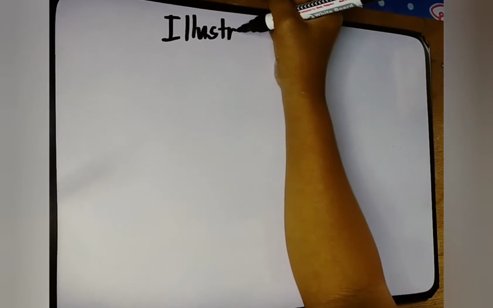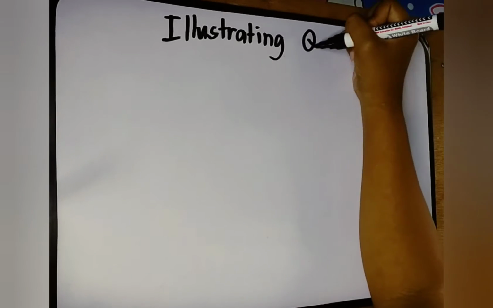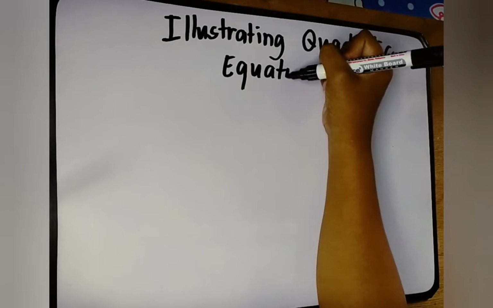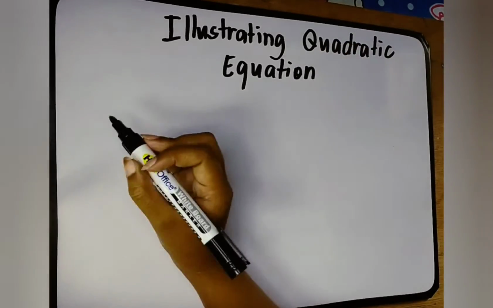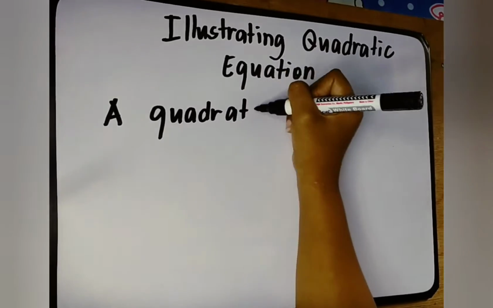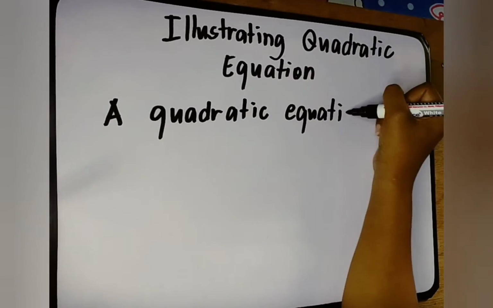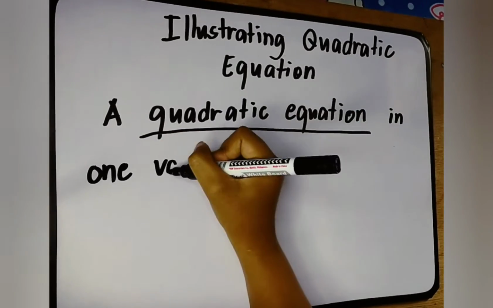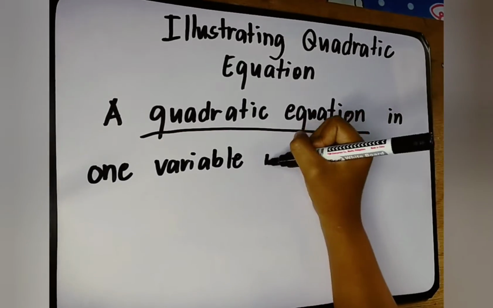Let's discuss illustrating quadratic equation. As I said a while ago, illustrating quadratic equation is the first topic in grade 9 mathematics. Let's first define what a quadratic equation is.